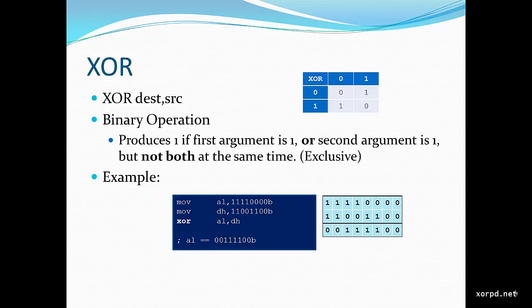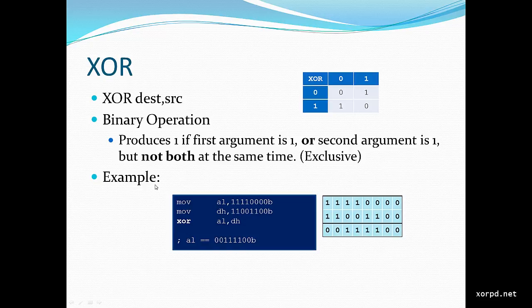It produces 1 if the first bit argument is 1 or the second bit argument is 1, but not both of them at the same time, which turns it into exclusive OR. This is the truth table of XOR, as we have already mentioned.